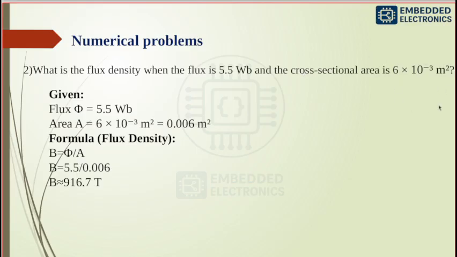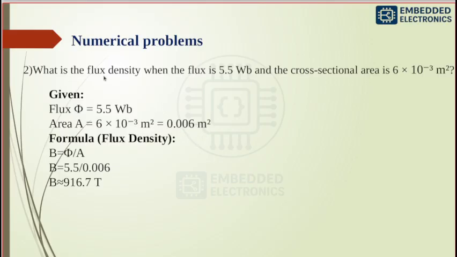So 6 millimeter square. Flux is given by phi, that is equal to 5.5 Weber, and area is also given, 6 into 10 to the power minus 3 meter square. You can also write it like this.